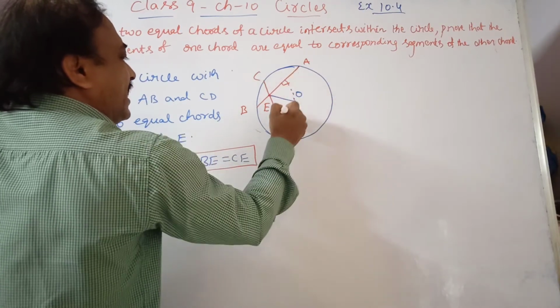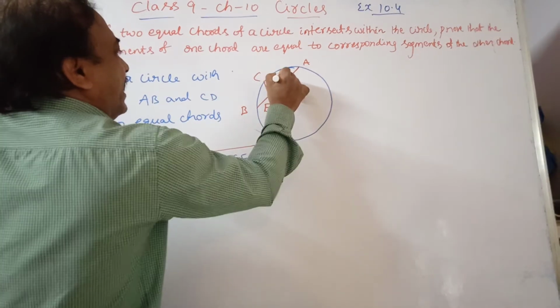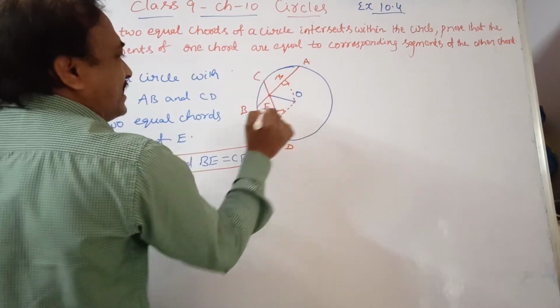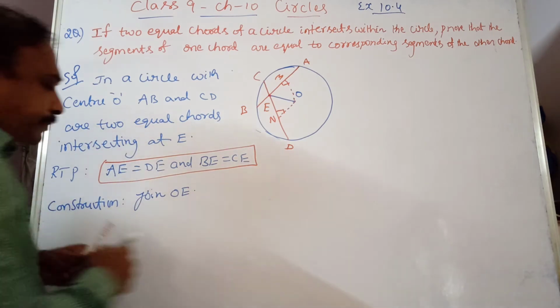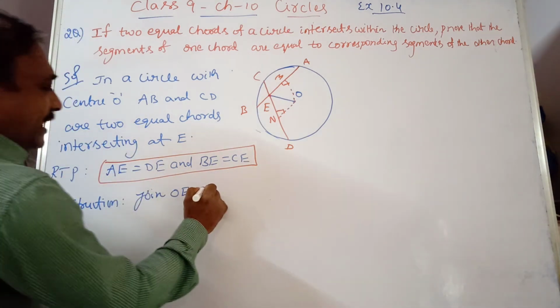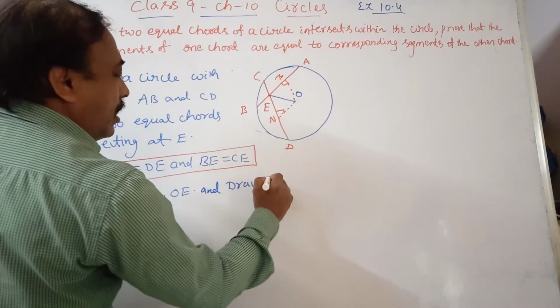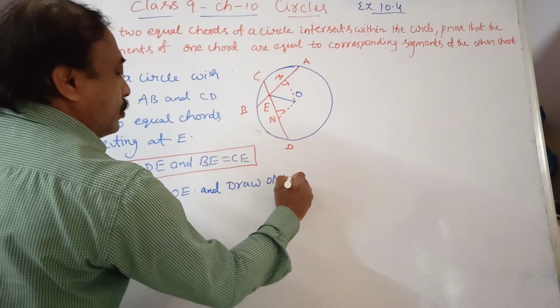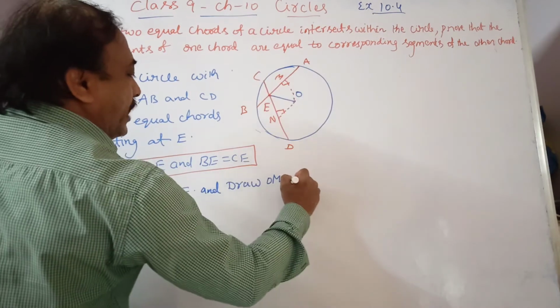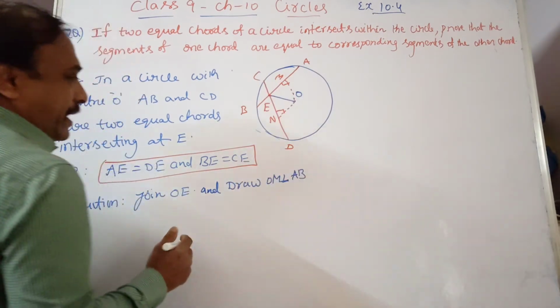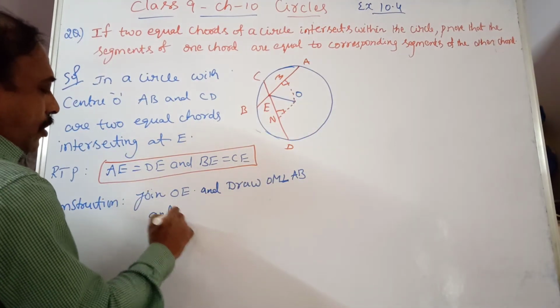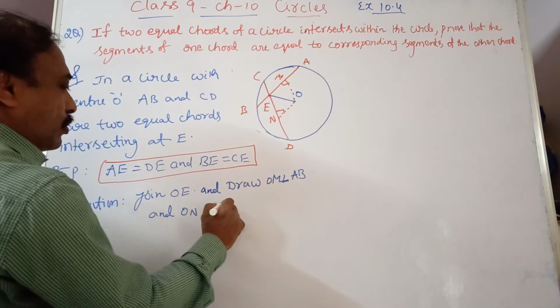This is 90 degrees, this is 90 degrees, and here we write M and here N. So we are constructing OM perpendicular to AB, and ON perpendicular to CD.